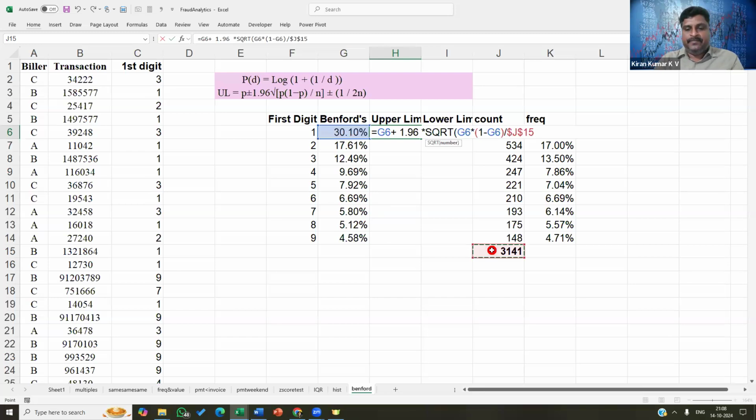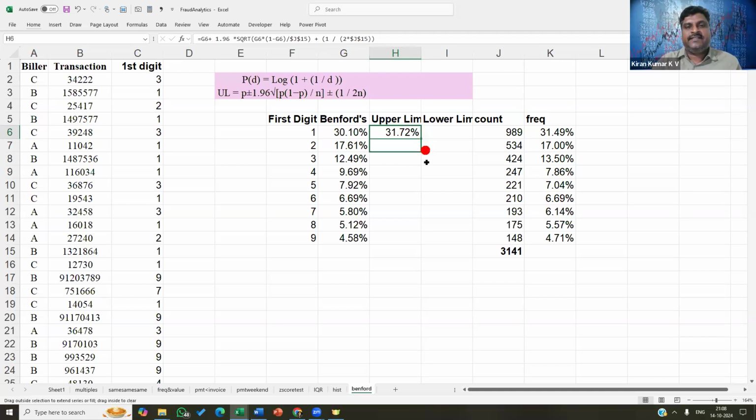I'll freeze the n. Bracket closed, bracket closed, plus 1 divided by 2 times n. This gives me the upper limit of 31.72 percent.